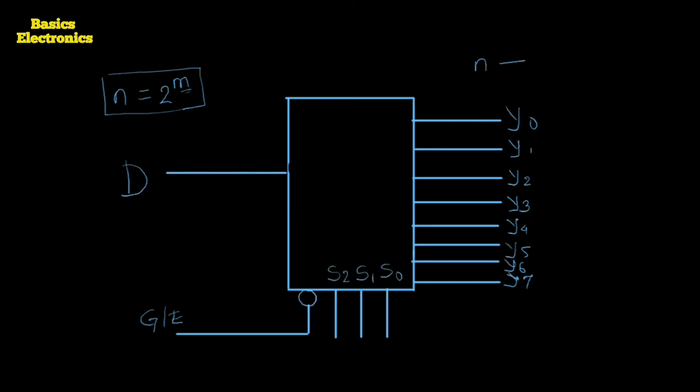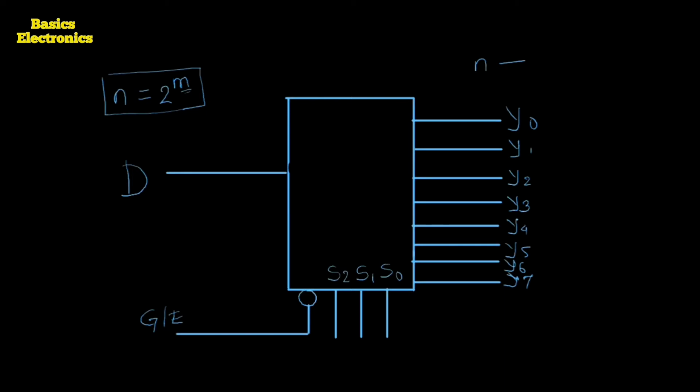If there is a question in the examination, then they ask: explain the working of one line to 8 line demultiplexer with the help of its logical diagram, its symbol, and the truth table. So what we have to do? All is specified in your question.